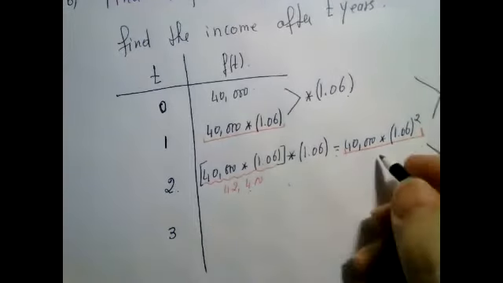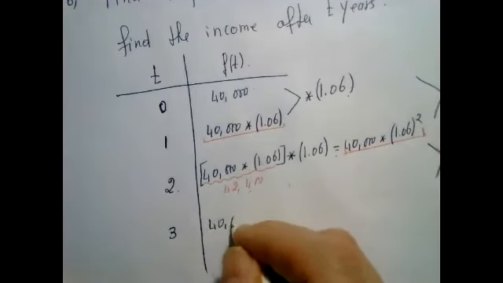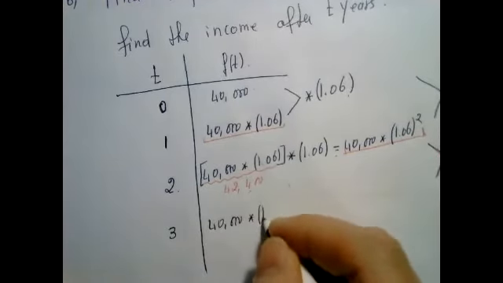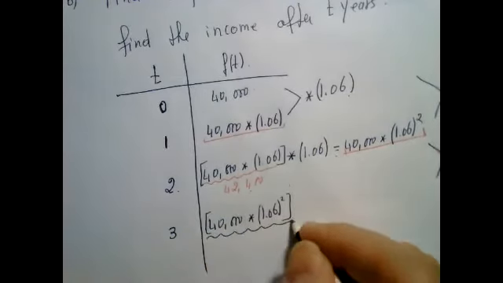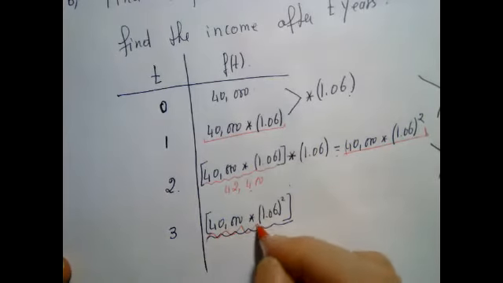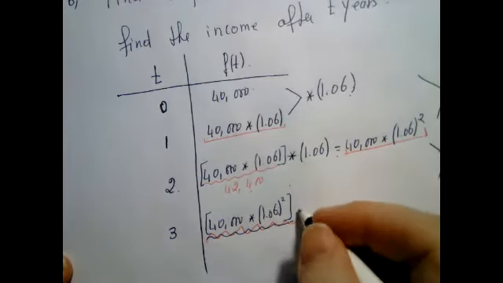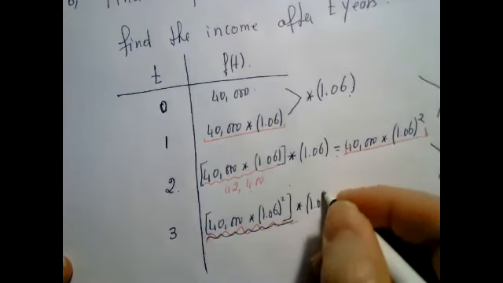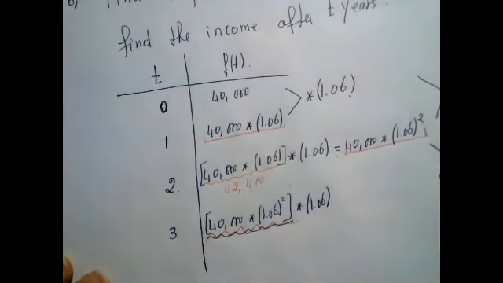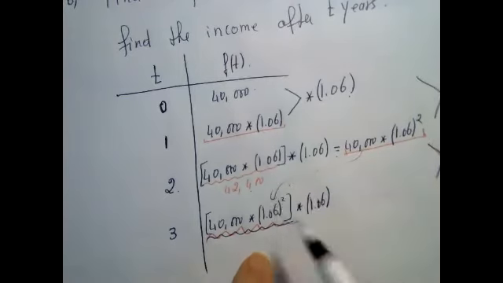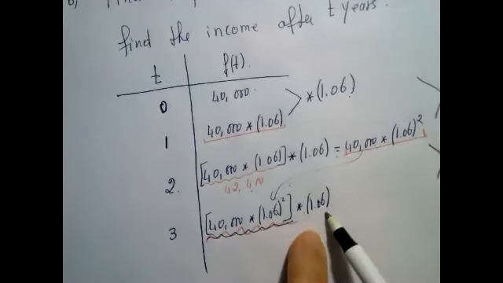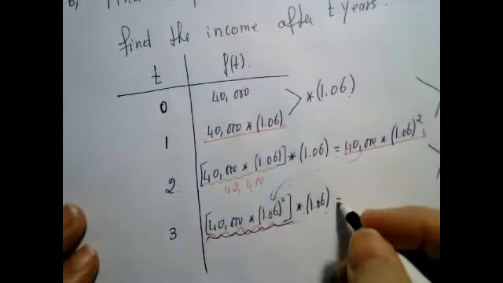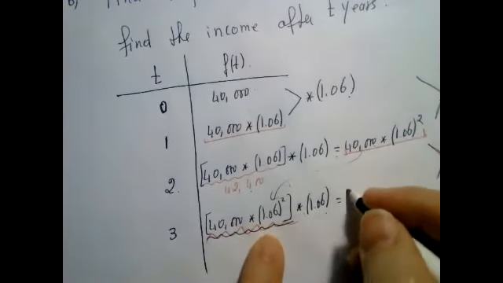His new income is however much he made the previous year, this red part right here, multiplied by another 1.06. He got another 6%, so his new income is what he made the year before times 1.06. Now, if I add the exponent, how many 1.06s do I have?